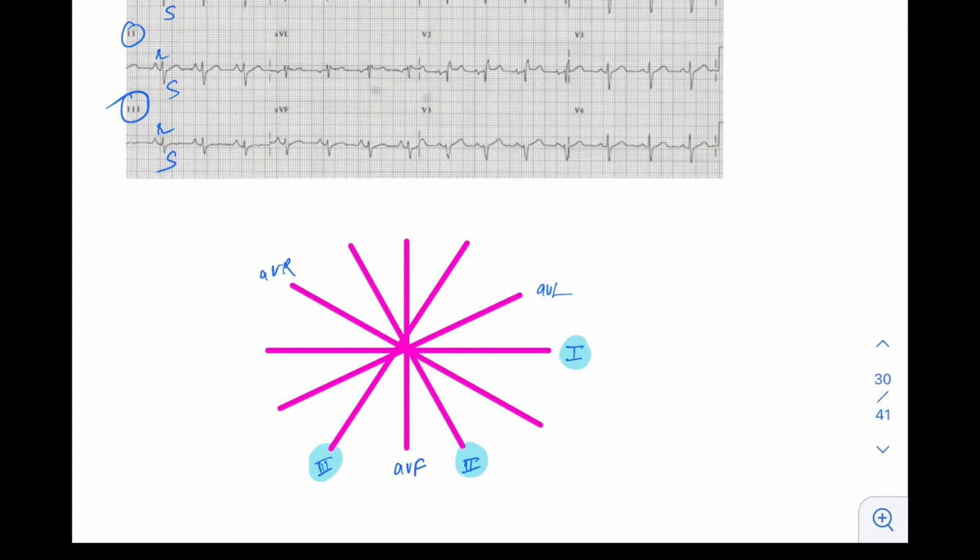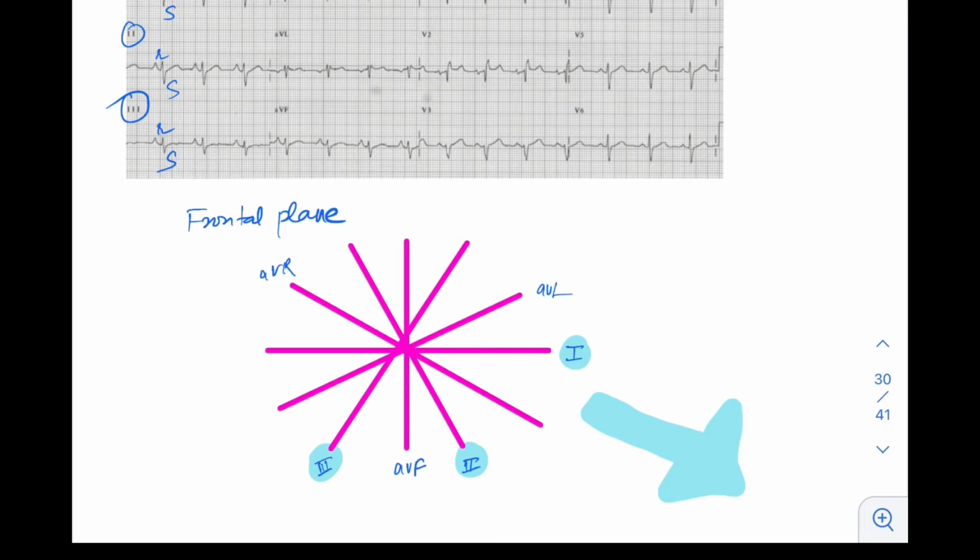Okay, so if you look at this diagram which I've drawn in pink, it is representing the limb leads in frontal plane. Now we know that the major part of the vector of the ventricles is directed this way.